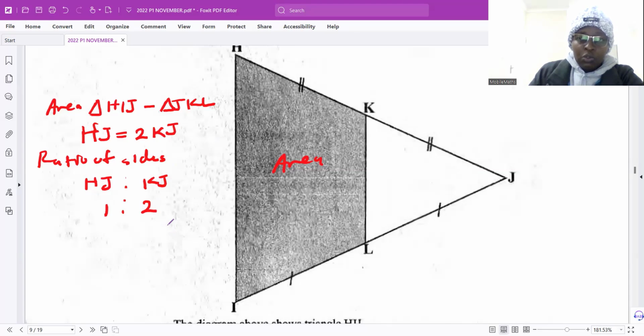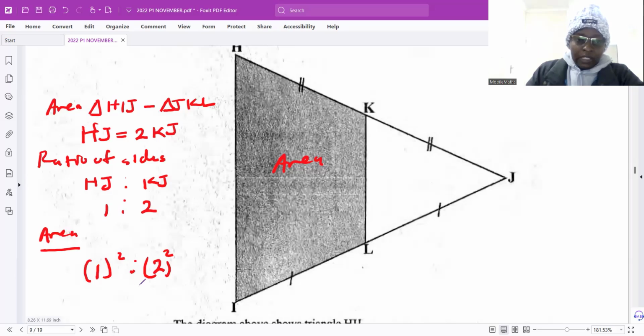So this is the ratio of sides. What about the ratio of areas? It means I'm going to square. It means it's 1 squared as to 2 squared. So what do we get if we do that? 1:4 here, okay, that's the ratio.